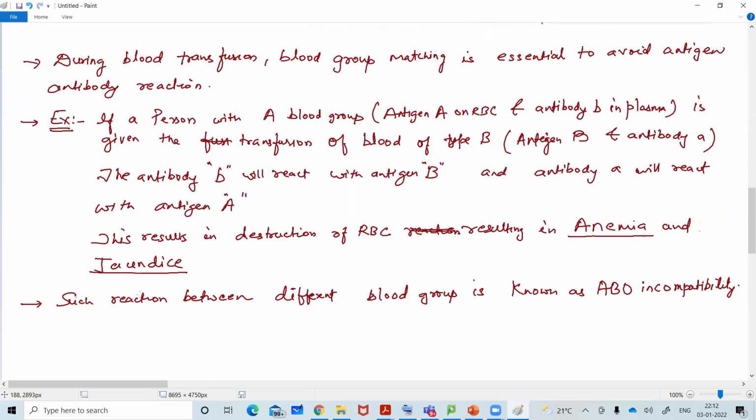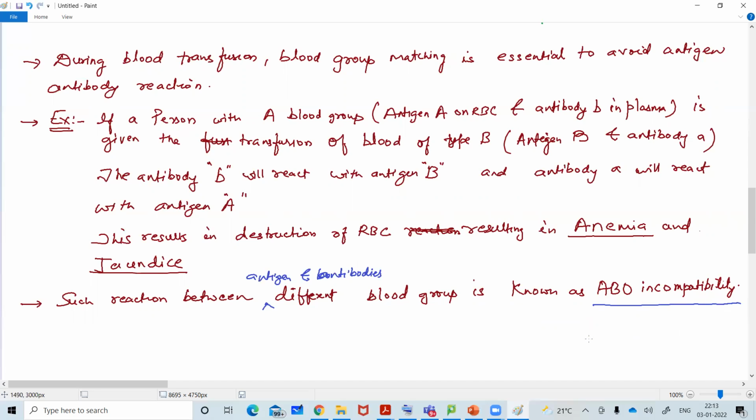If you want, you can add such a reaction between antigen and antibodies of different blood groups is known as ABO incompatibility.